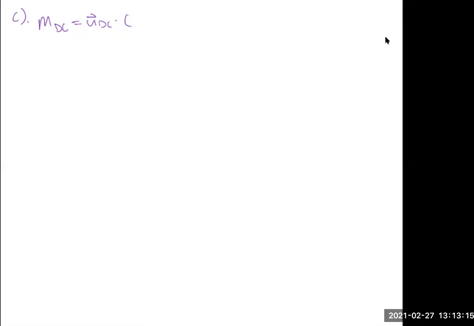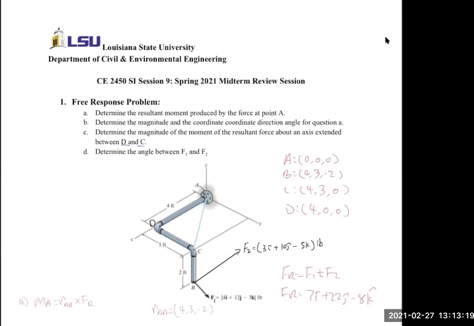We found our unit vector UDC, and then the question asks to extend it between D and C. So we have to find out our R.